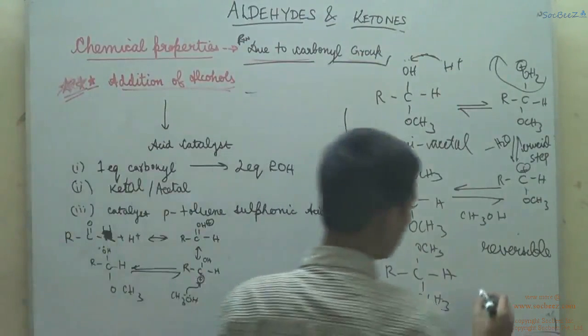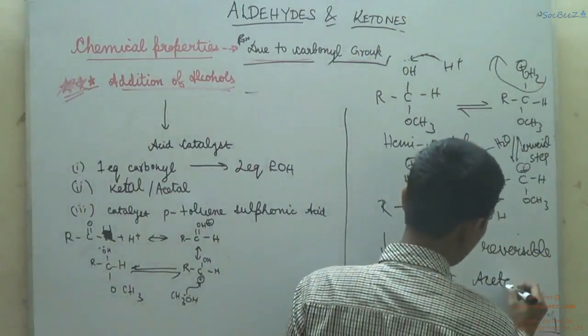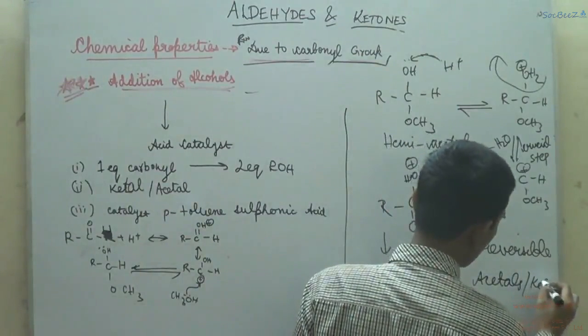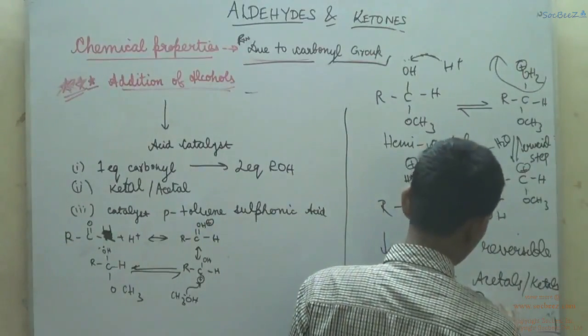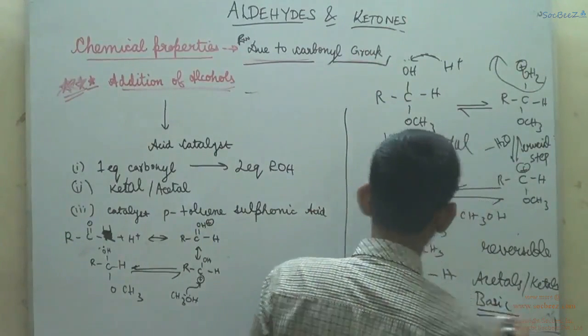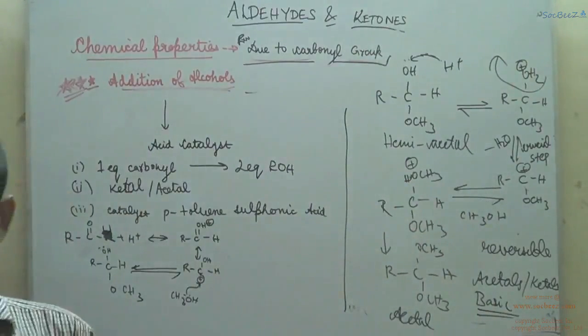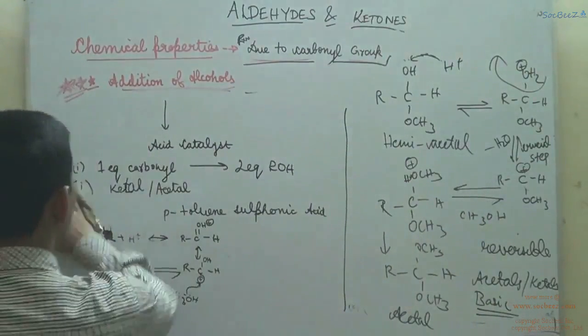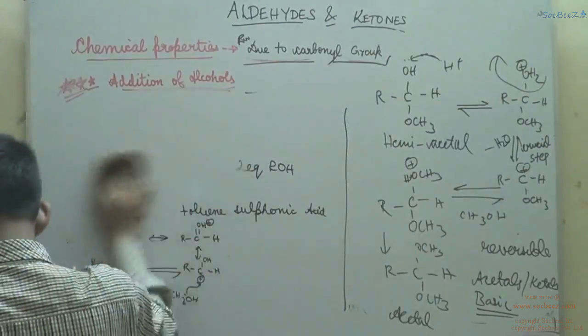However, one point should be noted that acetals and ketals are very stable in basic solution. That's why in basic solution you get only hemiacetals and hemiketals, but not all the way to acetals and ketals.